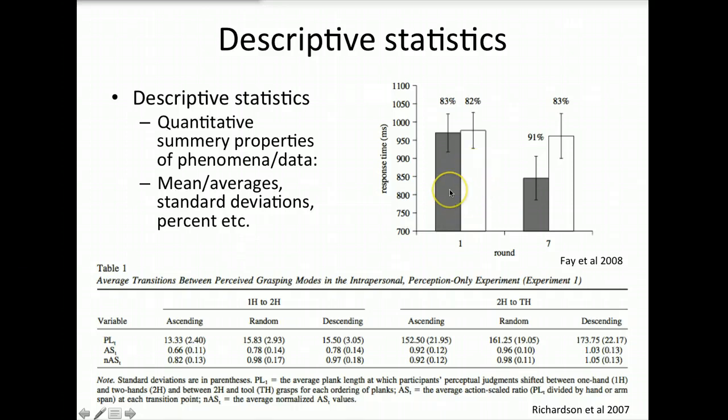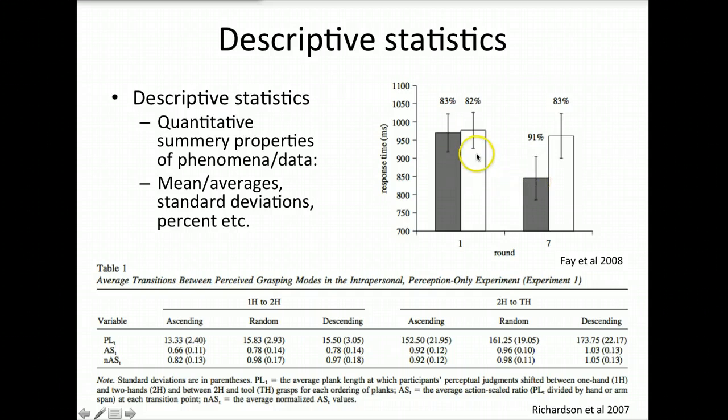And basically what this little graph tells us is that from round 1 to round 7 it seems that we get signs that are much quicker to identify. So there's a drop here in reaction time.